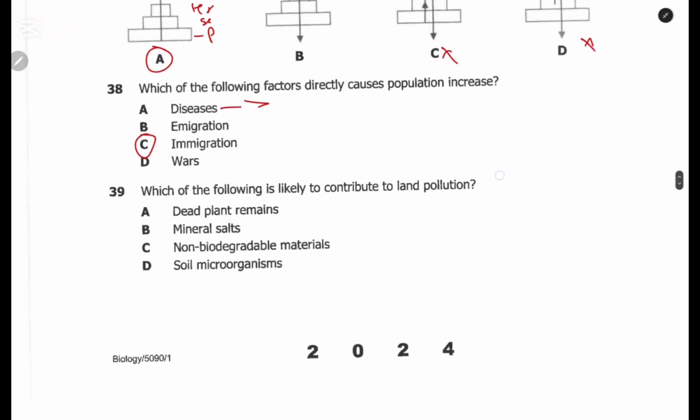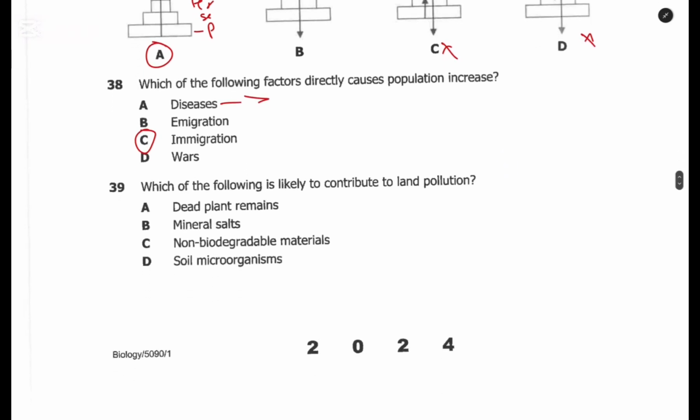39. Which of the following is likely to contribute to land pollution? Dead plant remains? No. Dead plant remains can decay. Mineral salts? No. Non-biodegradable material? Yes. Non-biodegradable materials are those that cannot be destroyed by biological means.